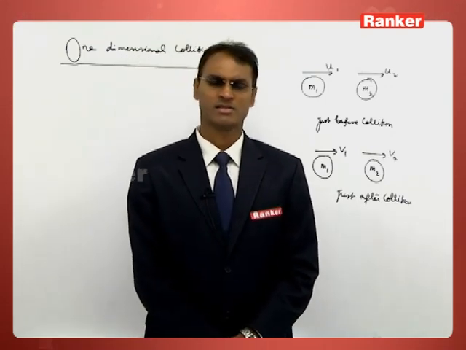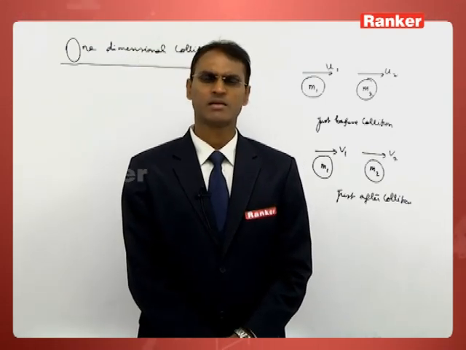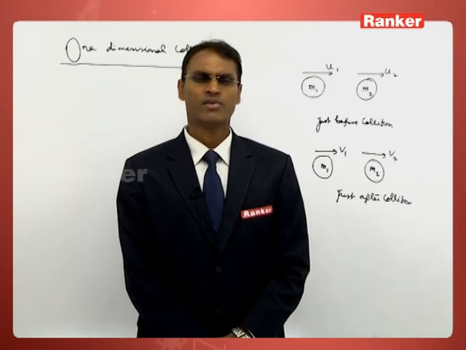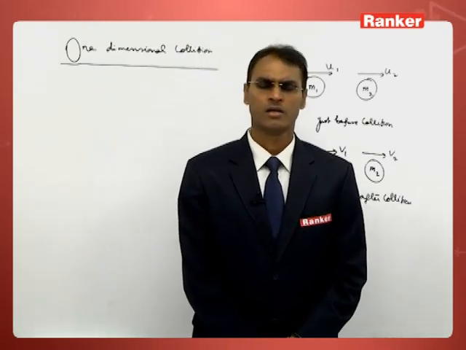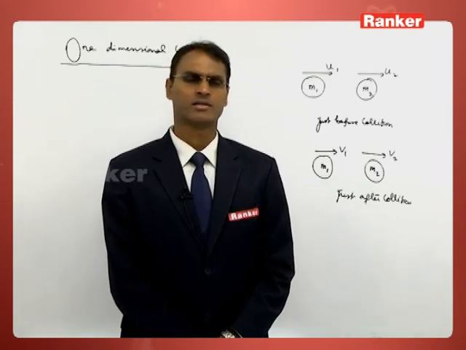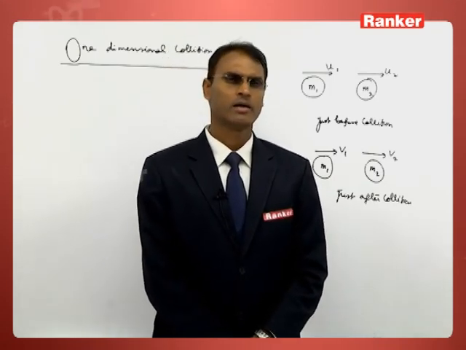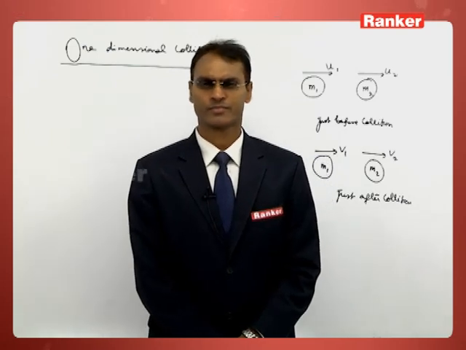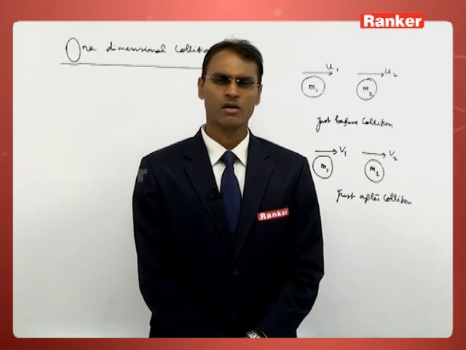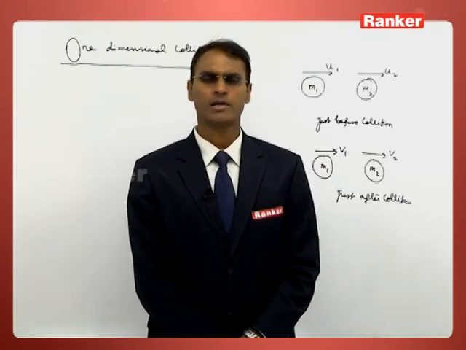How much less? That is given by a fraction, a coefficient. What fraction of the velocity of approach is regained or restituted back? That fraction is called the coefficient of restitution.